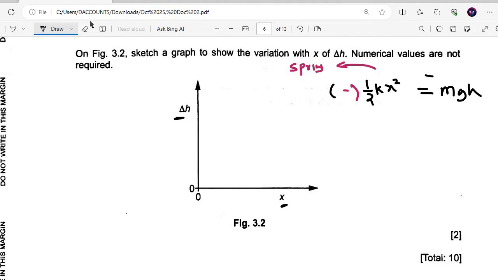As it is released, it can also be half mv squared, but the graph is about change in height against x, so I chose mgh. Remember that in this case, we are varying the height. So I need to plot the graph of change in height against x. So from here, divide both sides by mg.